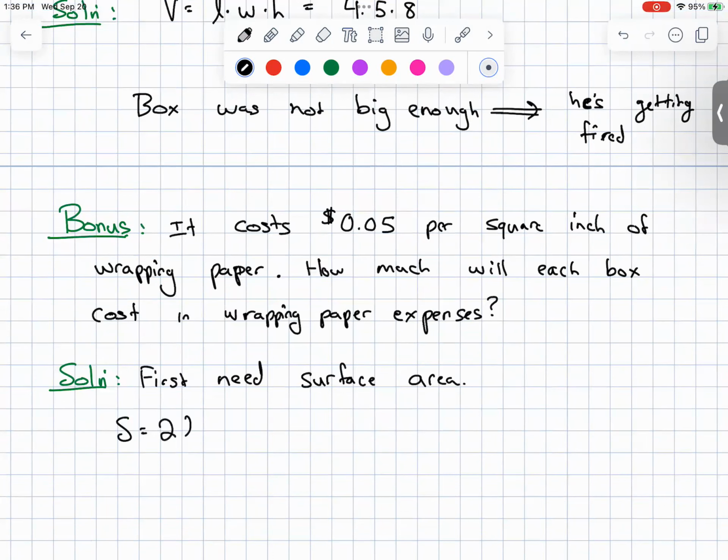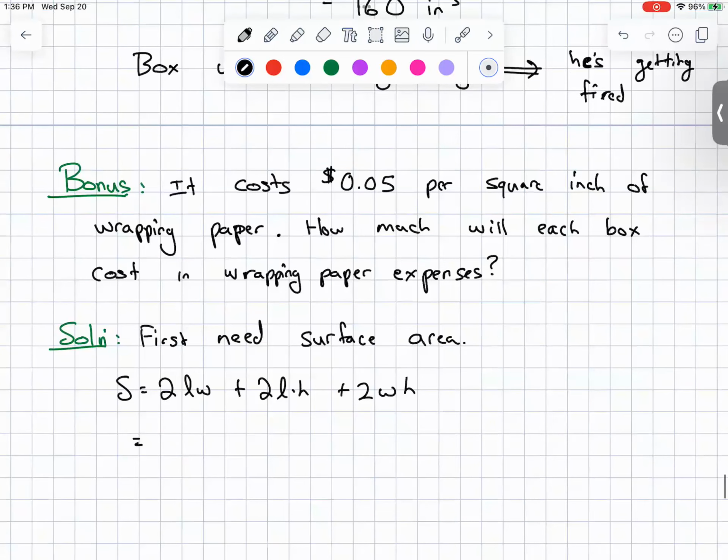The surface area is 2 times the length times the width, plus 2 times the length times the height, plus 2 times the width times the height. It doesn't matter which one you put which, as long as they're all consistent. So let's make the length 4, the width 5, and the height 8.